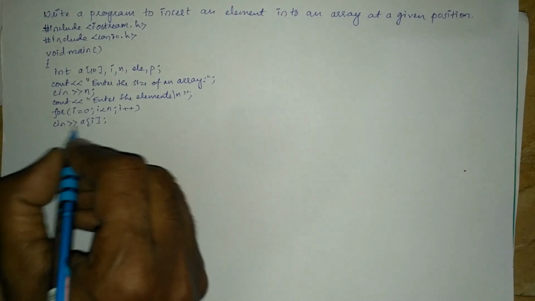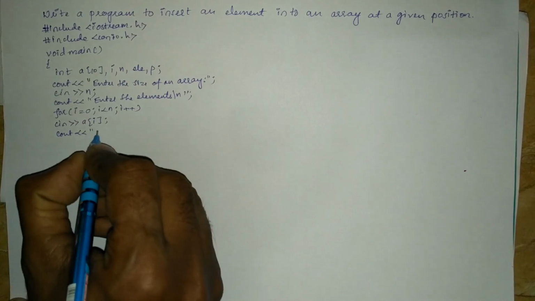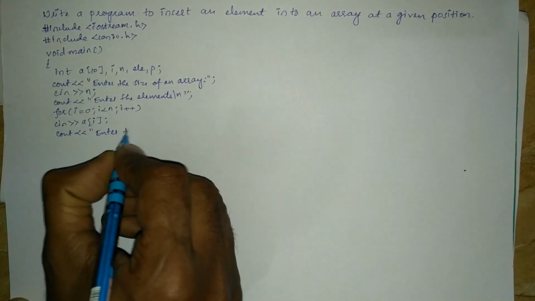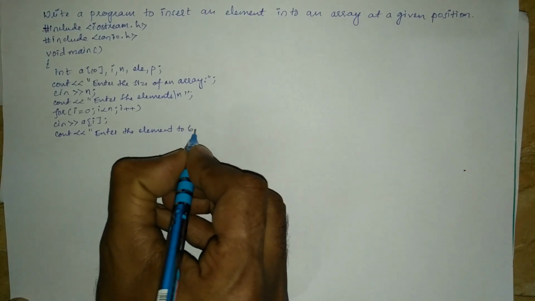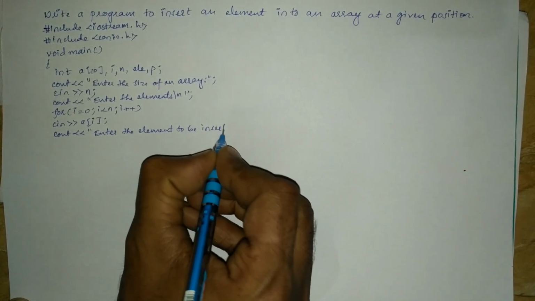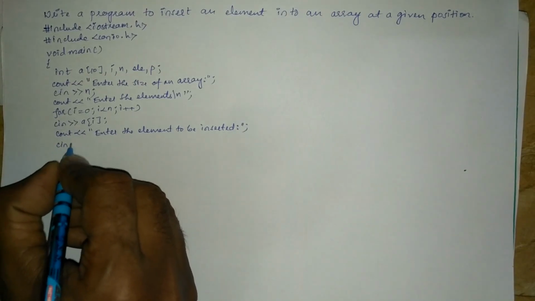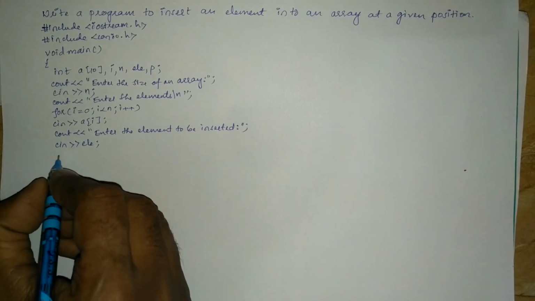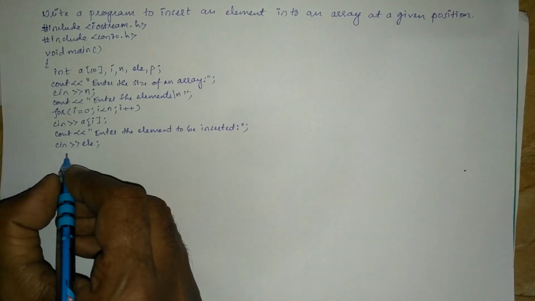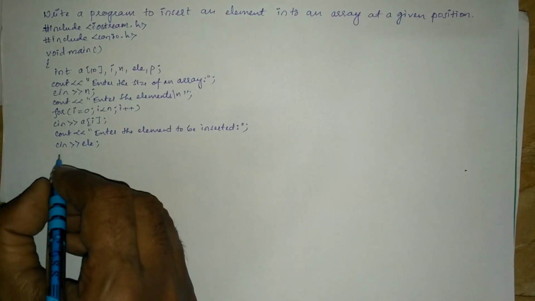Now we are going to enter the element that is to be inserted using a cout statement. So cout, in double quotation marks, I'll write "enter the element to be inserted", and put a semicolon. cin, and then we'll take the variable ele. Now we will ask the user to enter the position where exactly that particular element has to be inserted.